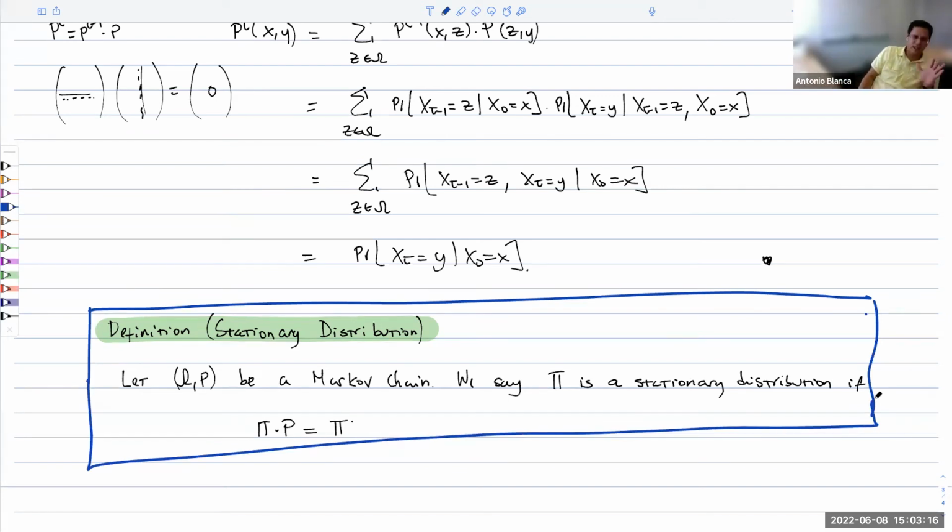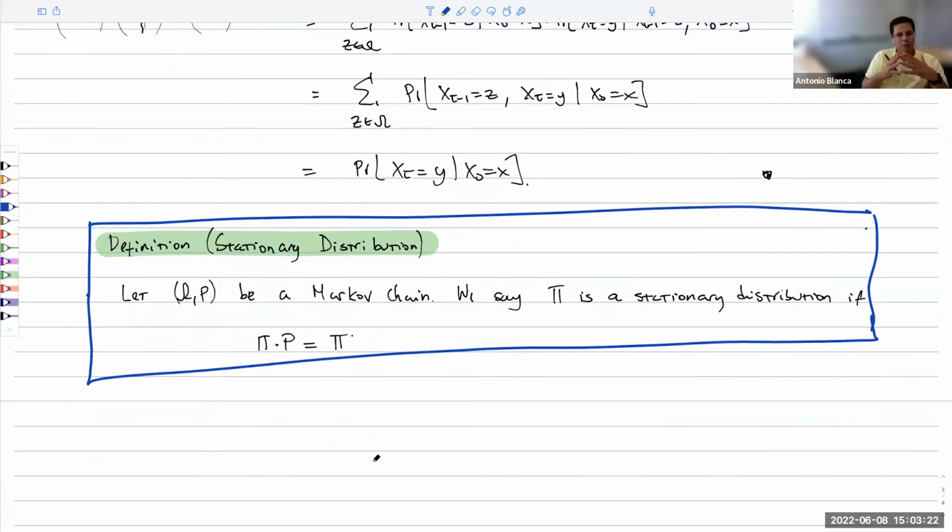So what does this mean? I already said with words, but let's make sure that we understand this. We can view pi as a vector, again indexed by the elements of the state space. So the first coordinate corresponds to the probability of the first element of the state space, the second coordinate, and so on. When we take the matrix multiplication of pi times P, what we obtain is another vector that is, again, pi.